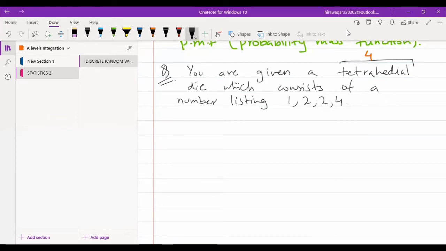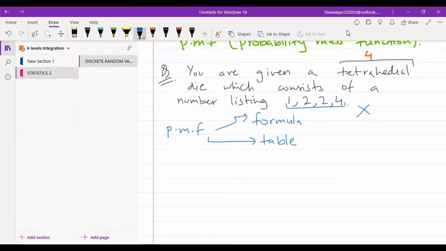So these are the values of our possible outcomes, but we need to know that we can show our probability mass function only with the help of two things: firstly, with a formula, and also with a table. So I'm going to show both. Let's take these values as x.